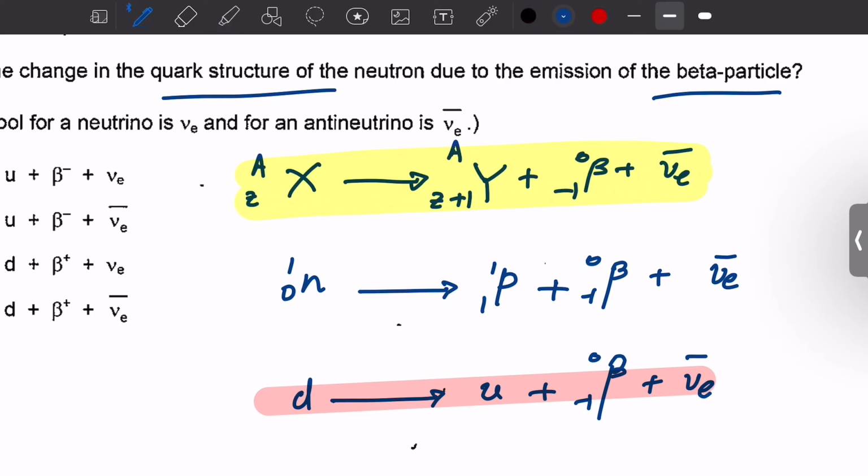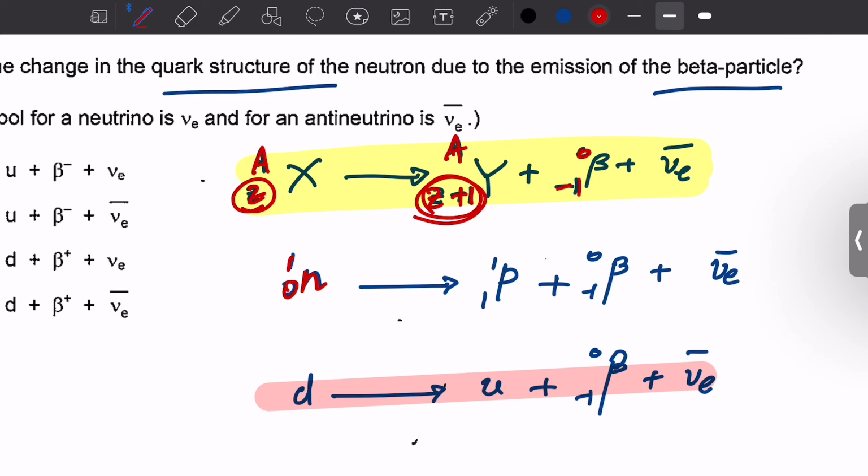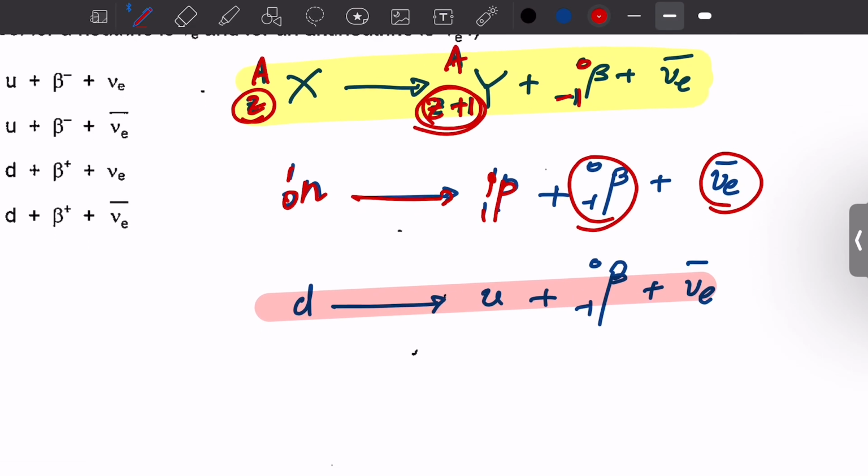X breaks into A and Z. This is 0 minus 1, so this must be Z plus 1. In other words, the number of protons Z becomes Z plus 1. It means the number of protons has gone one higher. So it means a neutron changes into a proton and then a beta particle and an electron antineutrino.